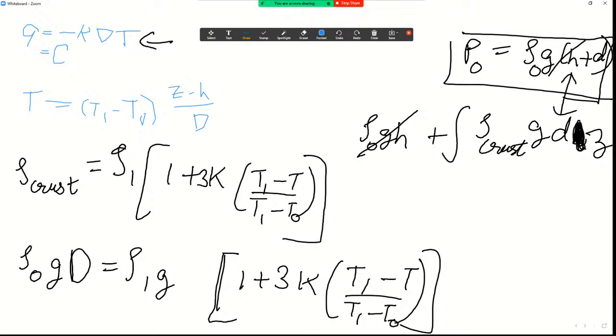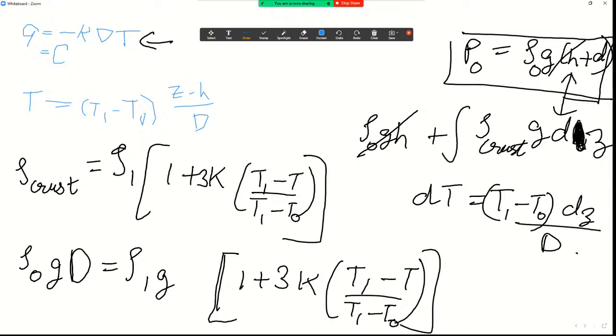So dT would be equal to (T1 minus T naught) dz by D. So we can write dz as D dT by (T1 minus T naught), and we can cancel this D and this D. I guess we have to erase the upper part or make a new screen to write this.